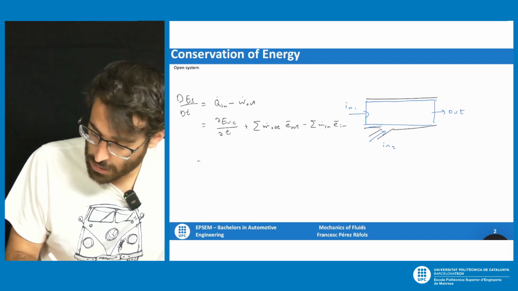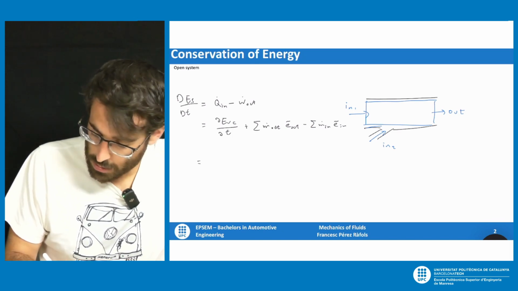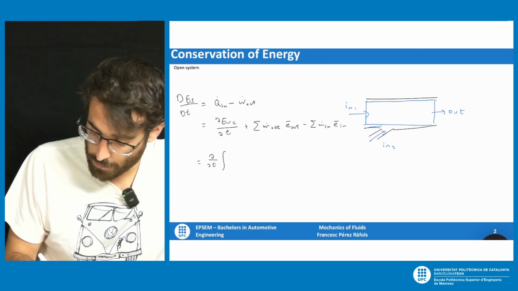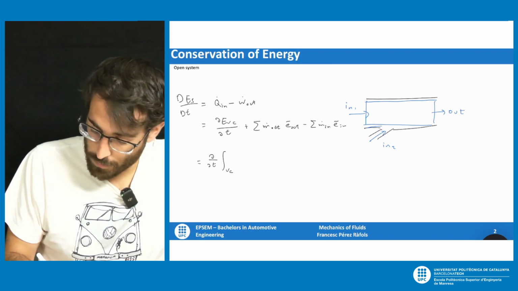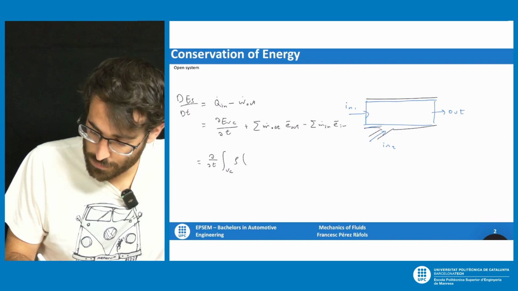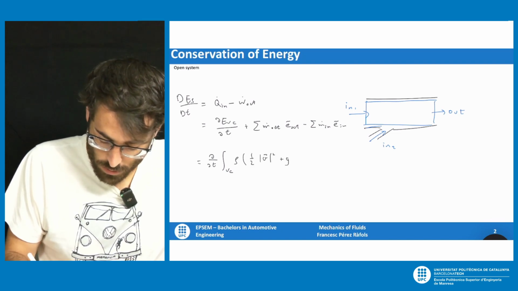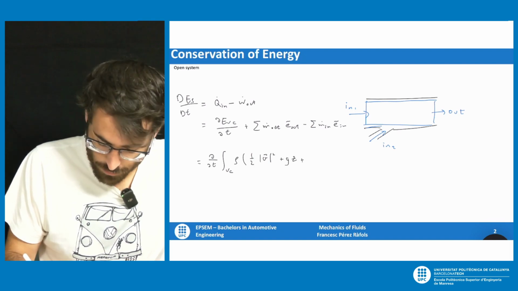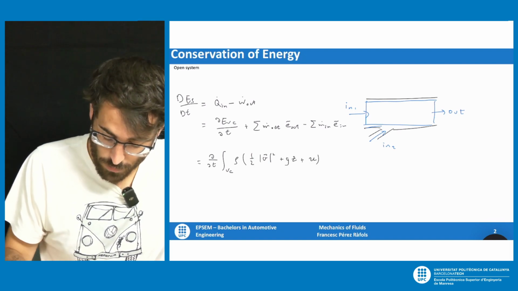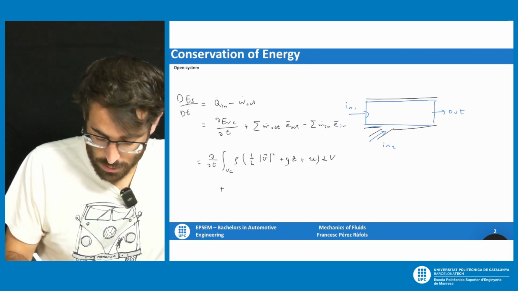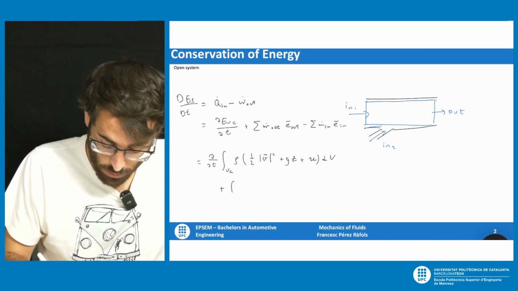If we write it in full generality, this is going to be d over dt of the integral over the control volume of rho times the energy, which is 1/2 of v squared plus gc plus u, dV, and then plus these terms of the inlet and the outlet.